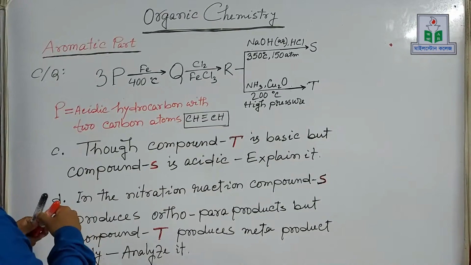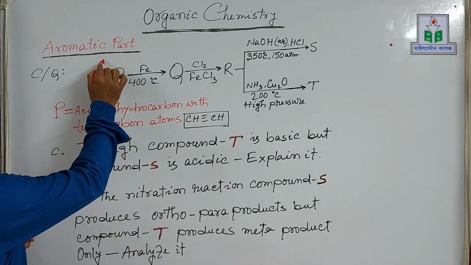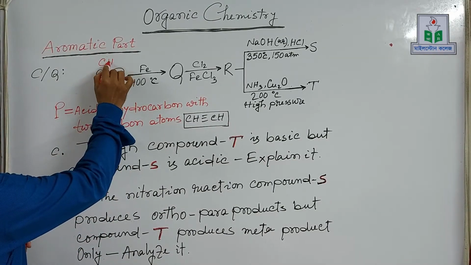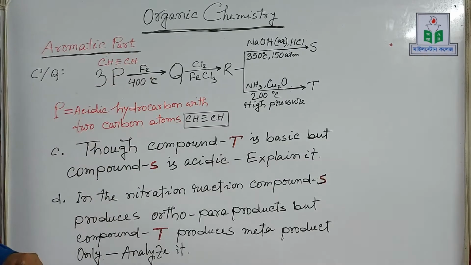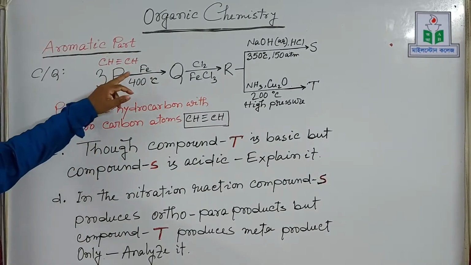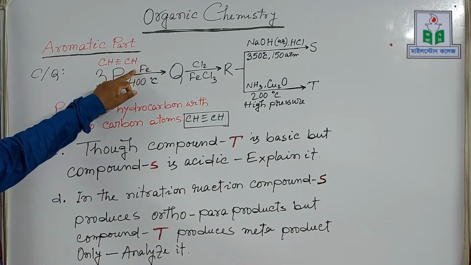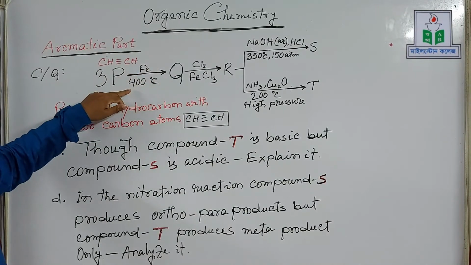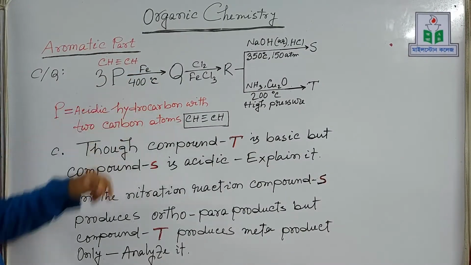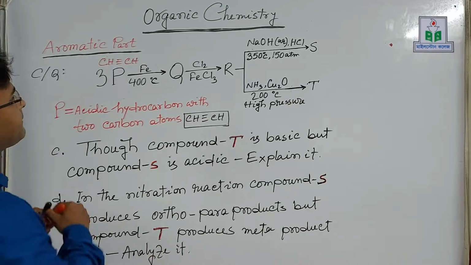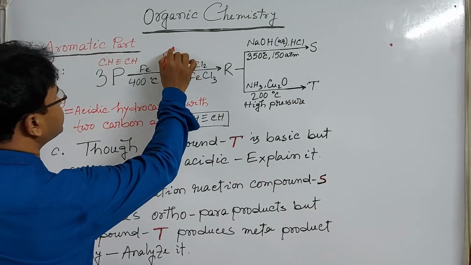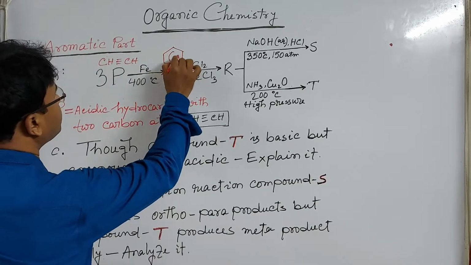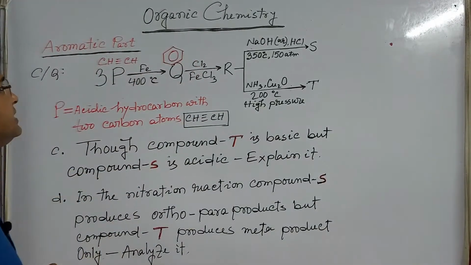So dear students, I can write here ethyne, CH triple bond CH, and we know that if ethyne gas is passed through the iron tube at 400 degree centigrade temperature, benzene is produced. So Q compound is actually benzene.